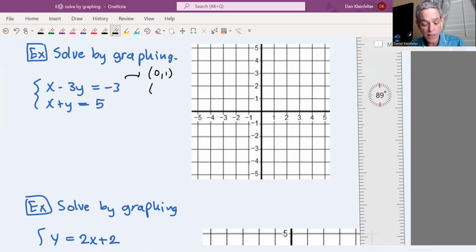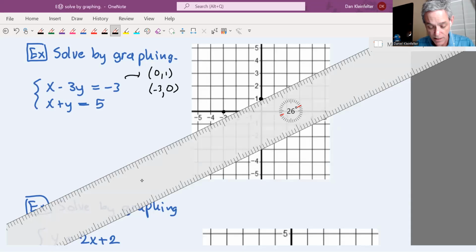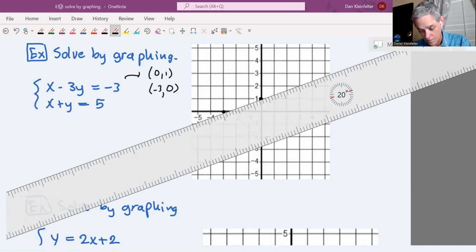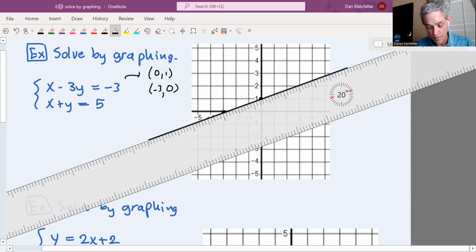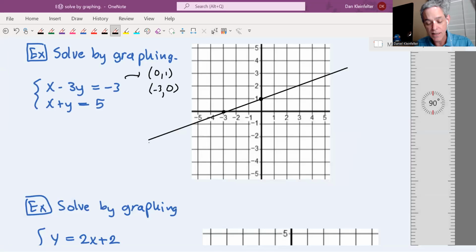And if y were 0, it looks like x would be negative 3. Okay, so (0, 1) and (-3, 0). That's going to be our first equation. You may want to practice that finding of intercepts if you're a little rusty on it.